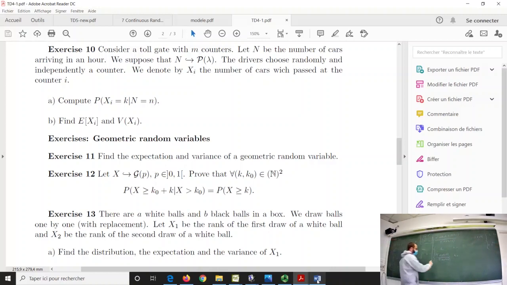For k greater than 1, I can continue the computation of this term. I have, for the numerator, 1 minus p to the power k0 plus k minus 1, and below, 1 minus p to the power k0 plus 1 minus 1. At the end, I obtain simply 1 minus p to the power k minus 1.